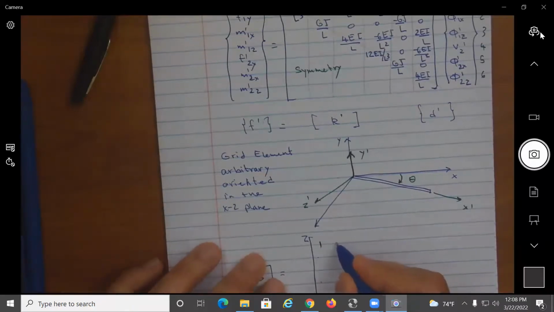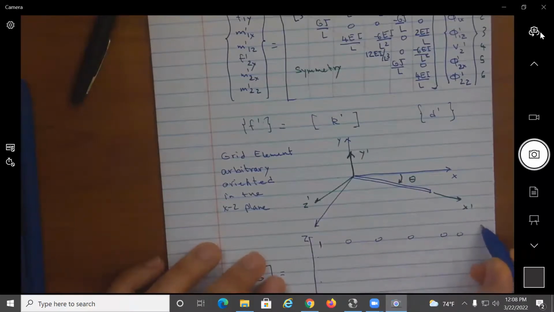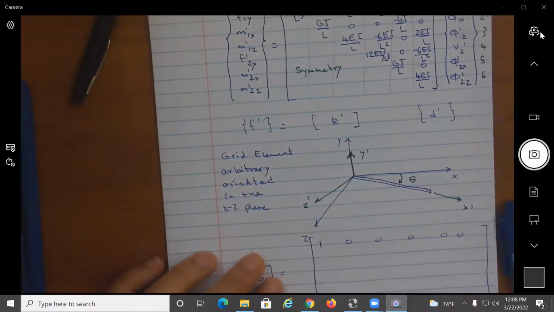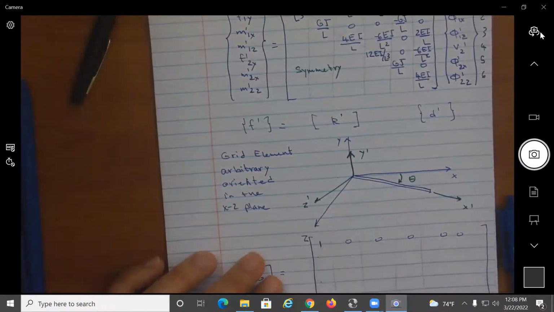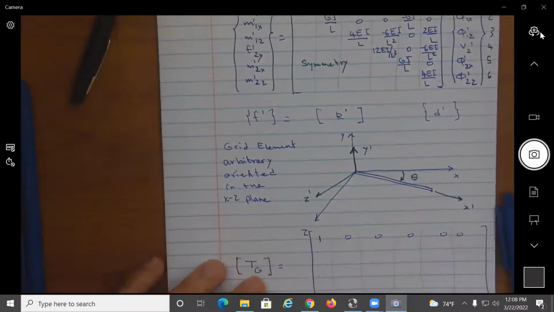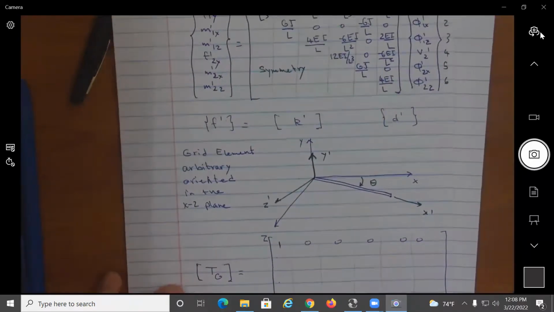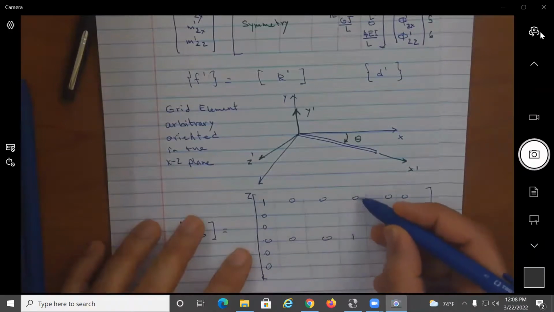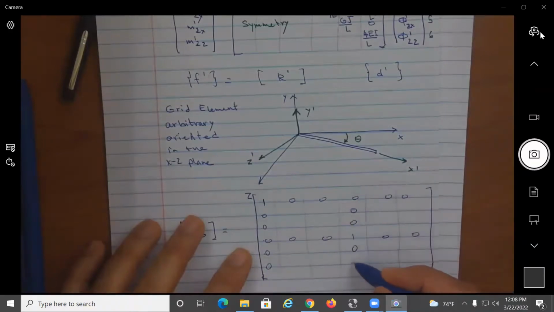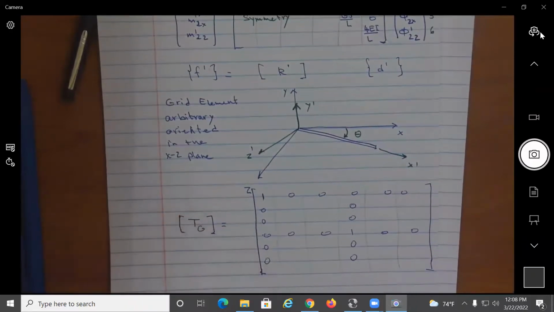And then I'm going to have a bunch of zeros. 0, 0, 0, 0, 0. Likewise, on the 4th row, I'm going to have 0, 0, 0, 1, 0, 0. And the first column, 1, and then we have the zeros. And also on the 4th column, we're going to have the zeros except for this one.